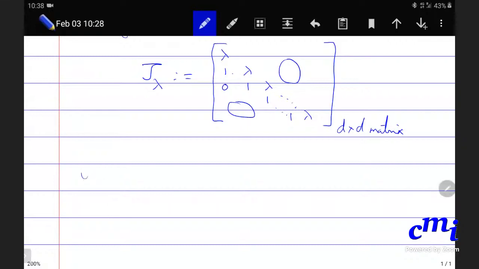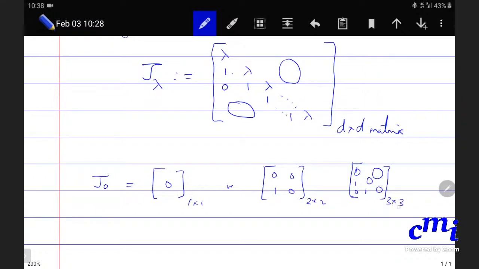Let's just write down explicitly what this means. For example, J0 could be this, which is 1 by 1, or 0, 0, 1, 0, which is 2 by 2, or 1, 0, 0, 0, and so on.